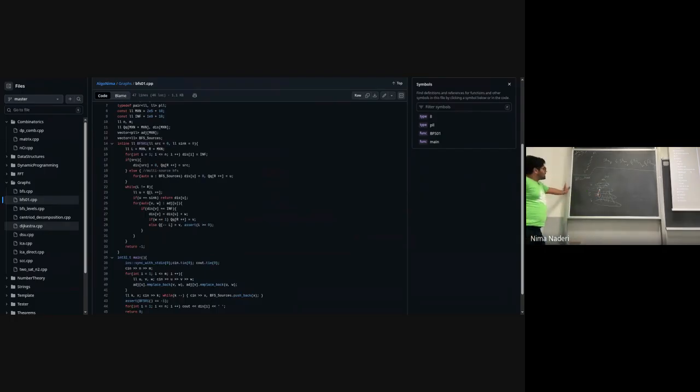Then what other facts do we have? For BFS, or generally any shortest path algorithm like Dijkstra and BFS, we can have a DAG, a directed acyclic graph. It's not a tree because maybe we have more edges.